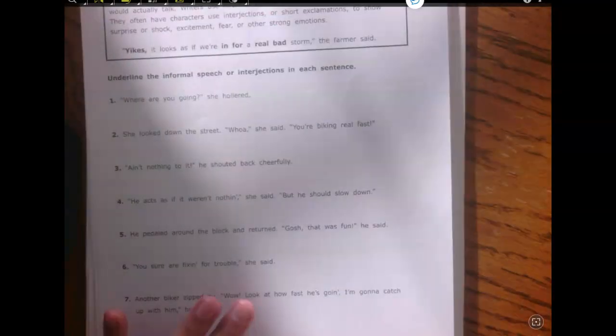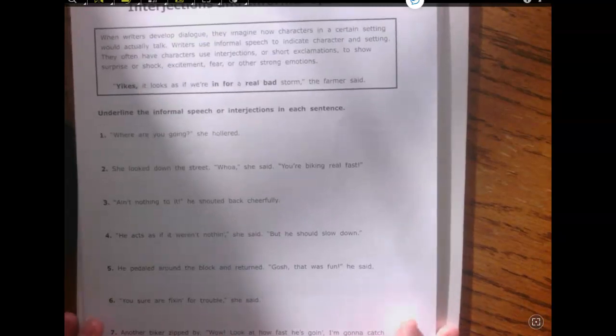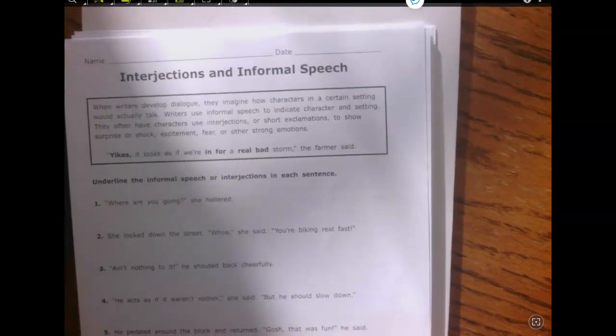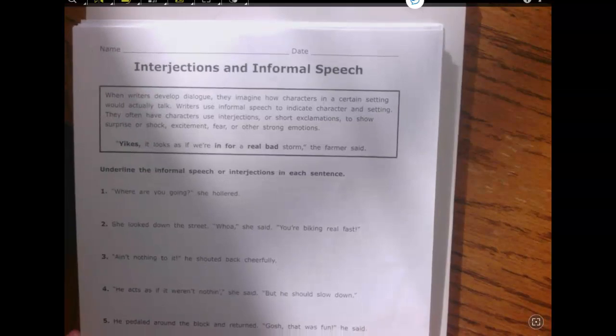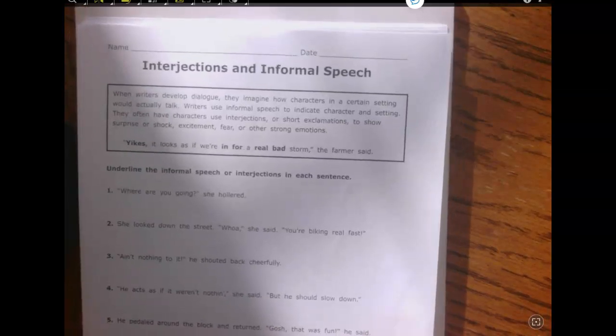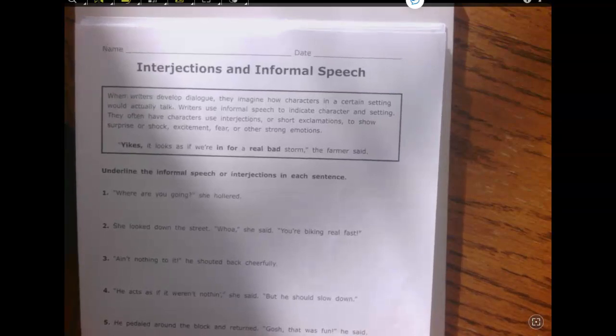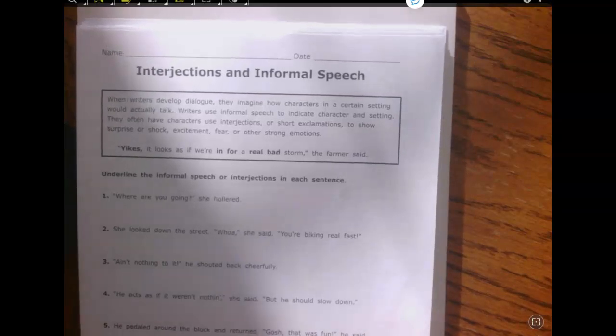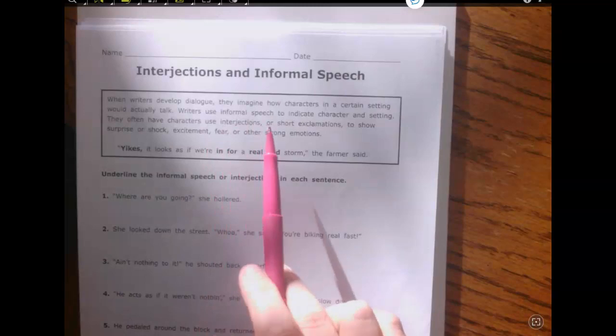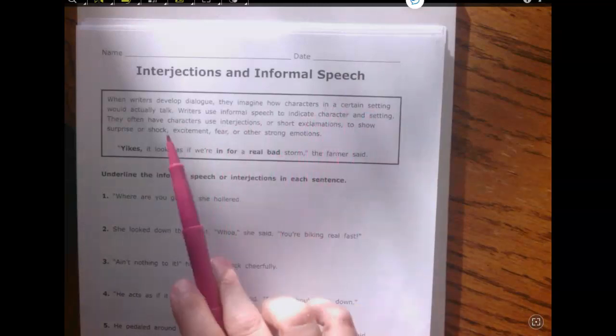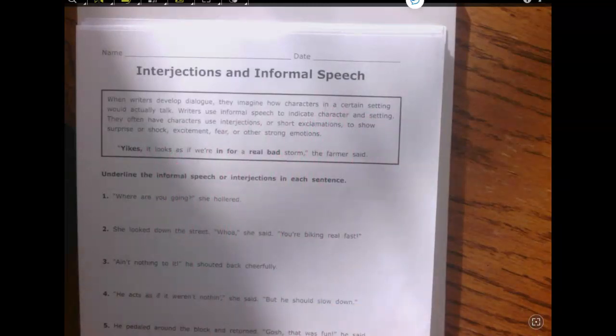All right, let's take a look at interjections and informal speech. We've had a lot of informal speech while we were listening to Tom Sawyer and Huckleberry Finn, especially when we listened to Huck Finn talk. When writers develop dialogue, they imagine how characters in certain settings would actually talk.